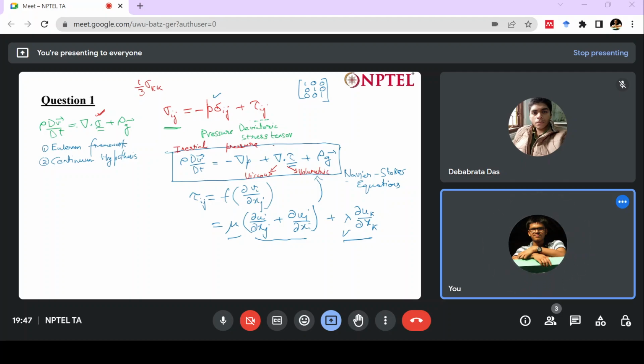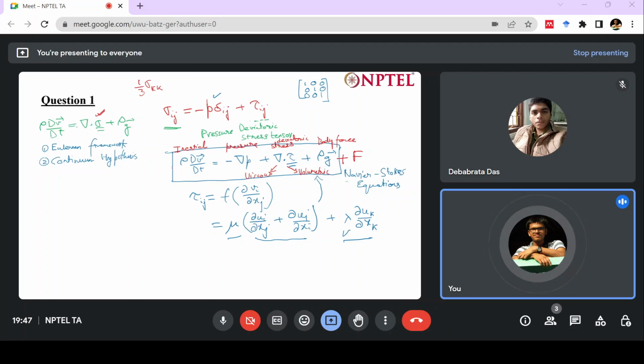Overall, this represents my stress terms, or deviatoric stress term to be very precise. And whatever other term is there is my body force term. Here I have represented gravity, but if some other forces are also there, we can definitely accommodate them within this framework.